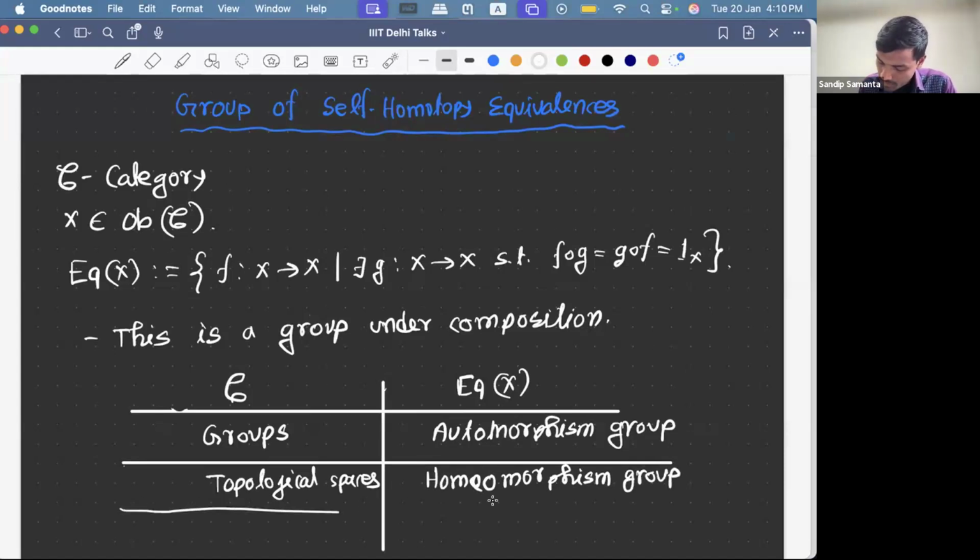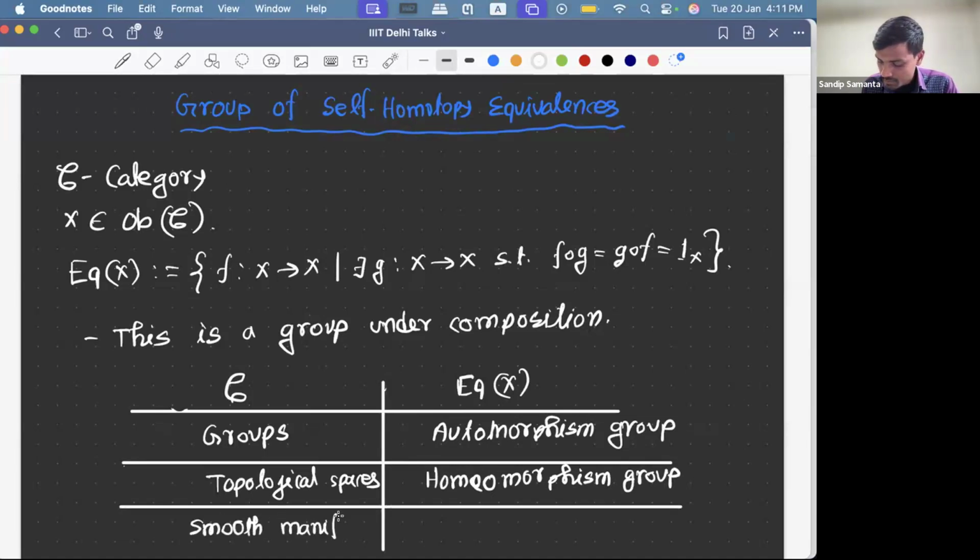We can also consider smooth manifolds, where the morphisms are smooth maps between the spaces. In this case, invertibility says that we get the diffeomorphism group, right?